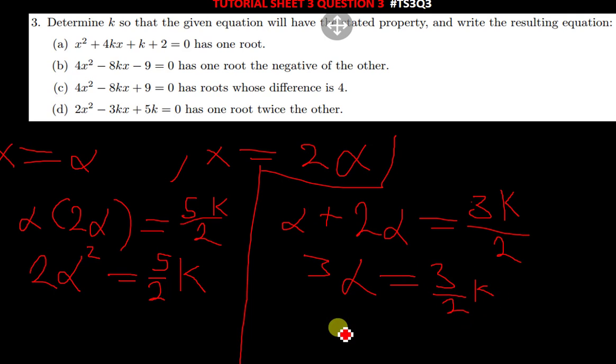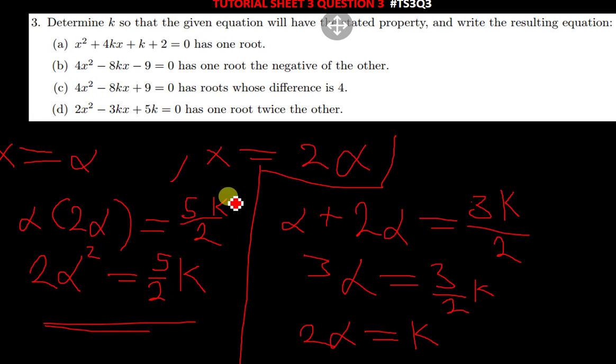Then we're going to have 2 alpha being equal to k. So you make alpha the subject and then replace it in this formula, and then solve the quadratic equation. The values of k that you find, replace them there.